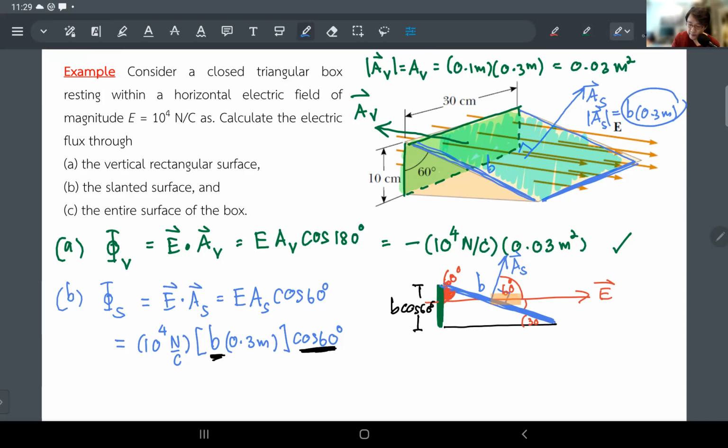Let me draw it in black. This is A sub S cosine 60, the component that is pointing in the same direction as the electric field vector. However, every time you look at the area vector, it must represent a real surface that is perpendicular to this vector. So it's going to be this direction of the area.